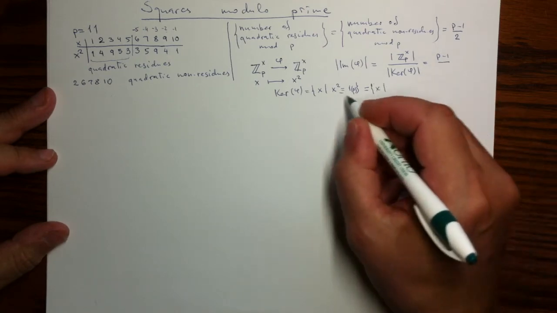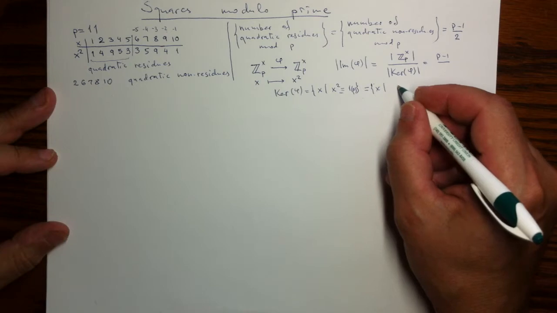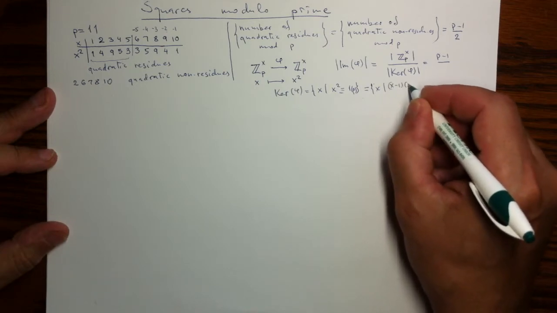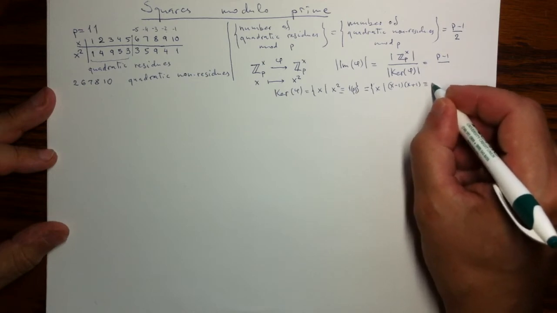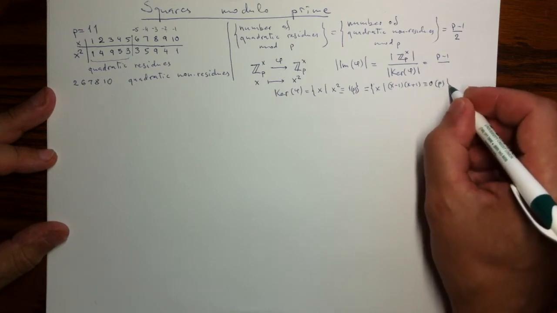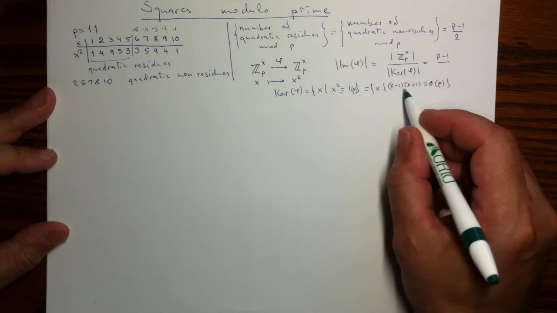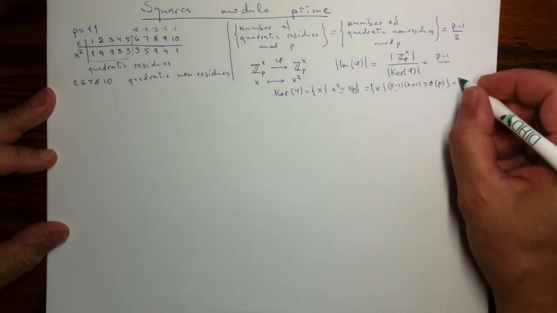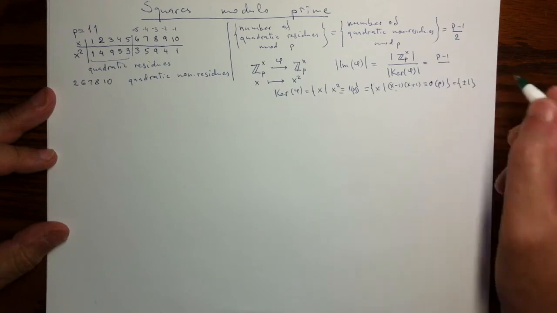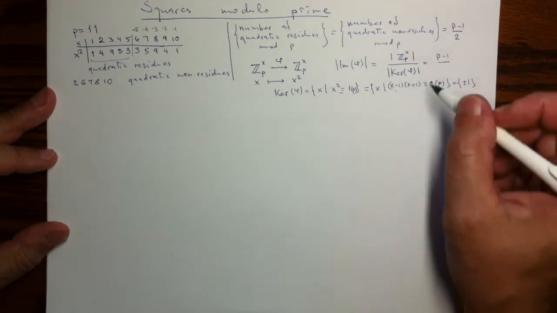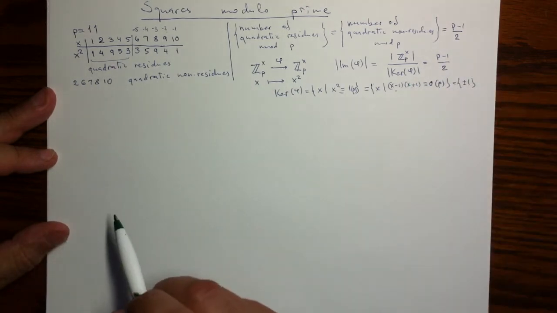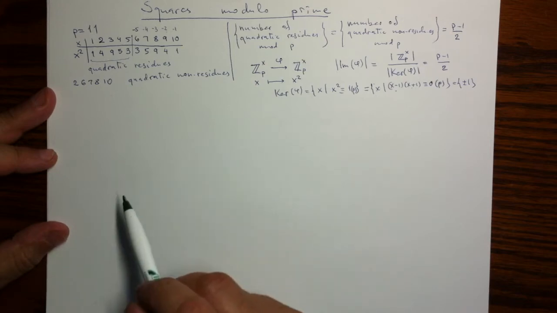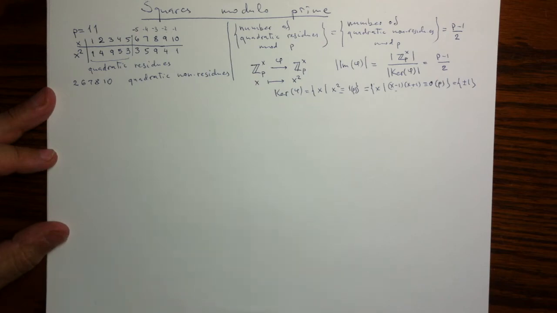I can rewrite this equation as x squared minus 1 congruent to 0, or even better, x minus 1 times x plus 1 congruent to 0 mod p. And since p is prime, there are no zero divisors, so either this or that is equal to 0, which makes only two possibilities. The kernel is of order 2, and hence the number of elements in the image is half the total. So the other half will be quadratic non-residues.